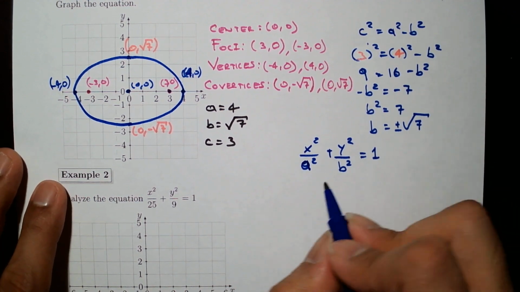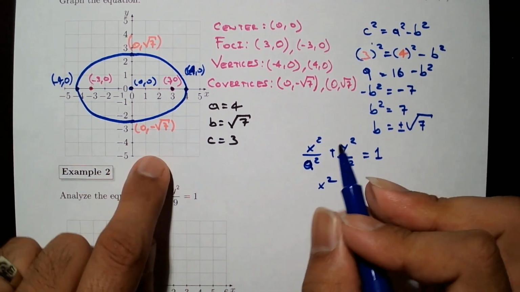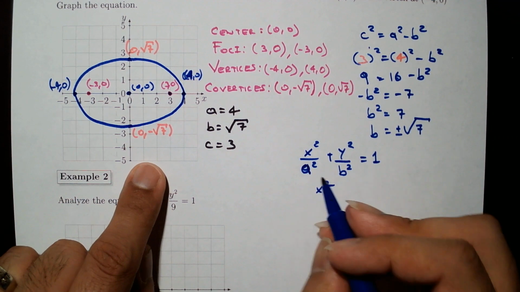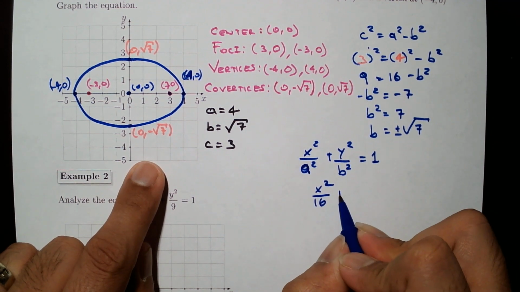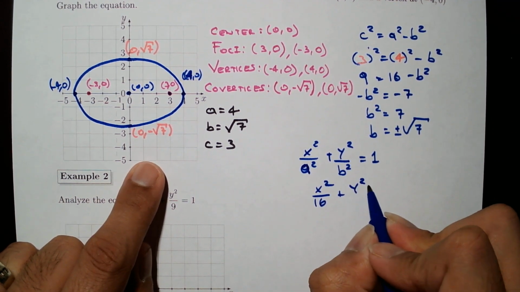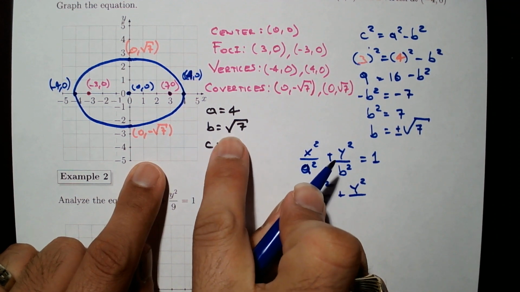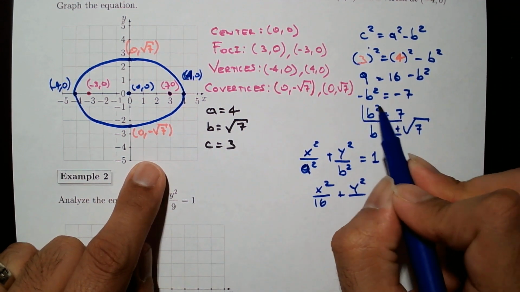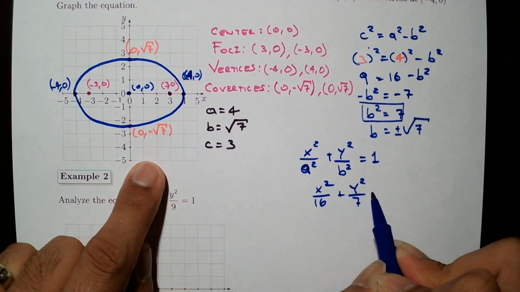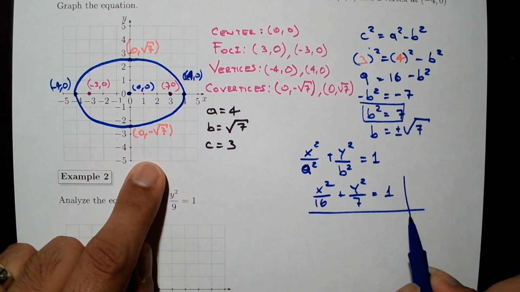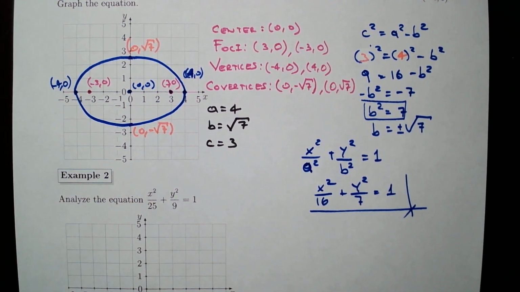So in this case, a, which is 4, but 4 squared equals 16, plus y squared over the quantity b squared. Well, we have it here. B squared equals 7, equals 1. And that's the equation of this ellipse.